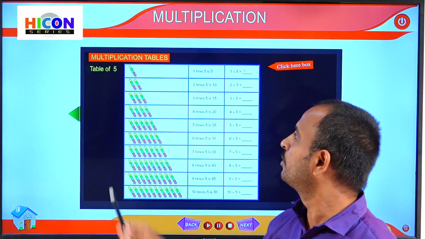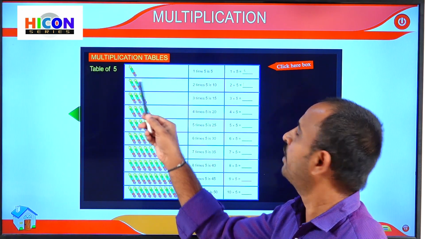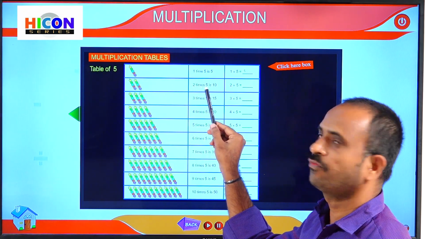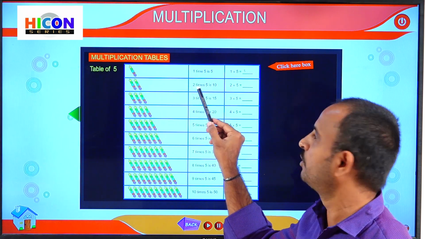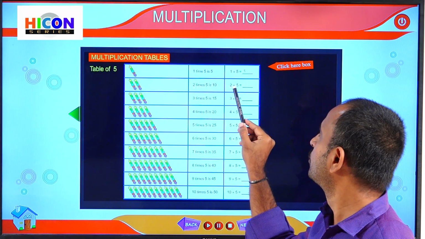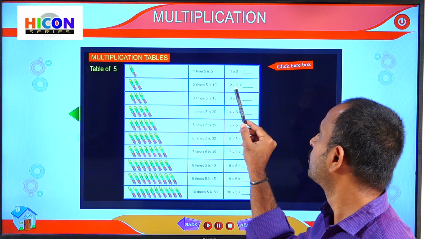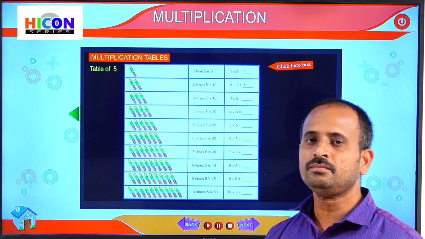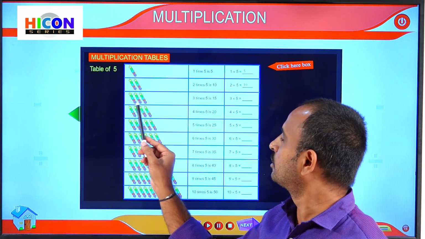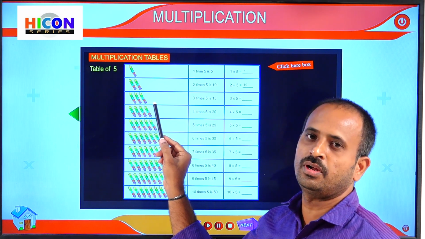Then we have 2 times 5. You can write this 2 times 5 in multiplication as 2 into 5. That is, 2 fives are... children, how much? 10.